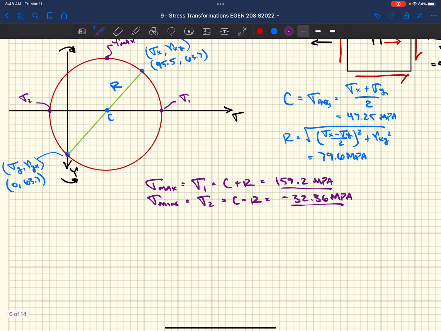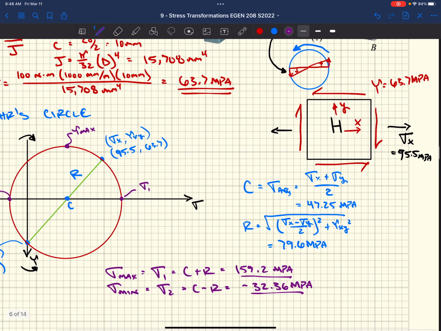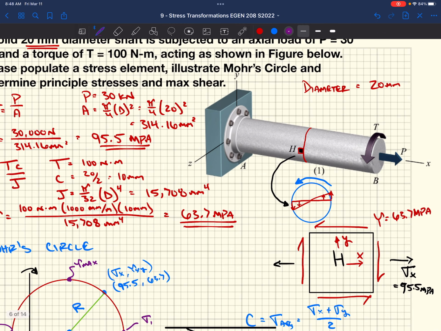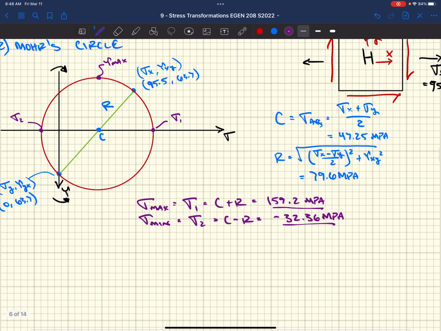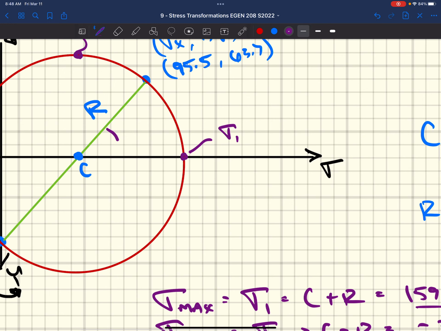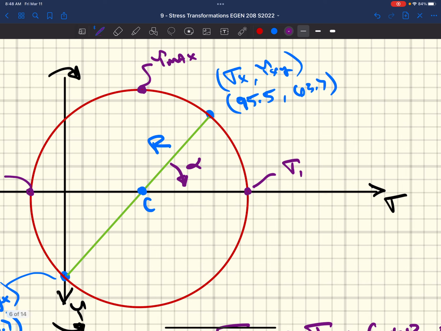Now, we have this stress block. It's oriented along the length of this shaft. If we wanted to know what angle we would need to cut this shaft in order to see the maximum stresses, that's this angle right here. If we took the x face, we would need to rotate clockwise by that angle, alpha, in order to move sigma x to sigma 1.